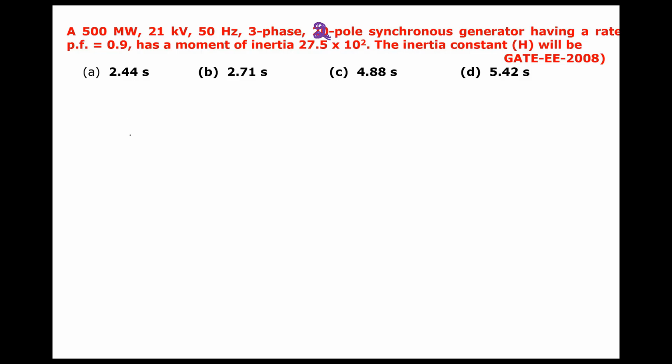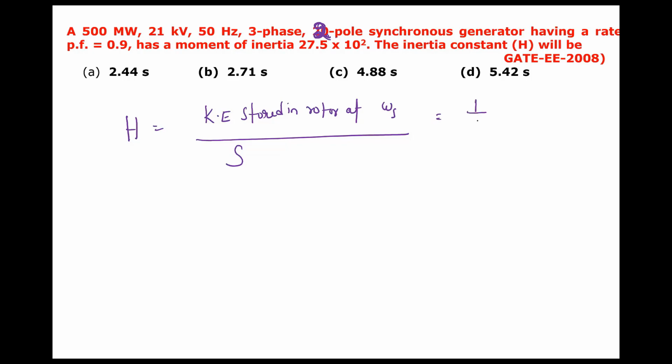Inertia constant H is given by the kinetic energy stored in the rotor at synchronous speed divided by the machine rating in MVA. Kinetic energy is equal to half J omega S square.